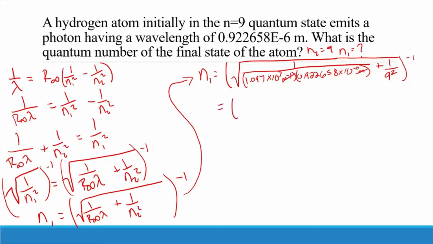So then this gives us the square root of 0.0111 to the negative 1, which is 0.3333 to the negative 1, which gives us a final answer of 3 when you take the inverse, which makes sense. It needs to be an integer. Remember, for our energy levels, you can't have a fraction.